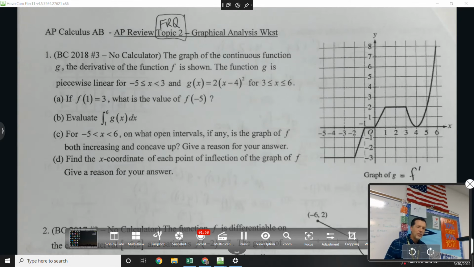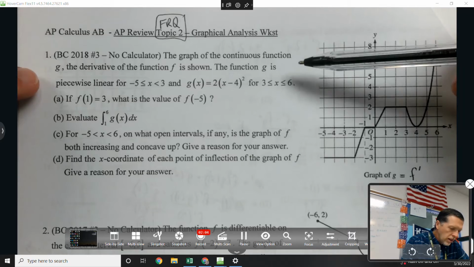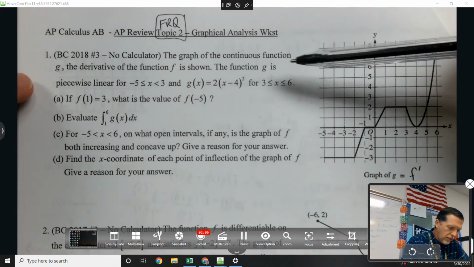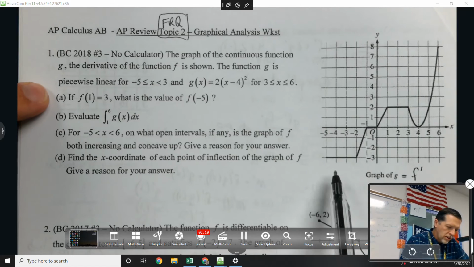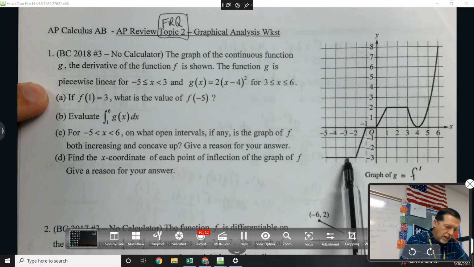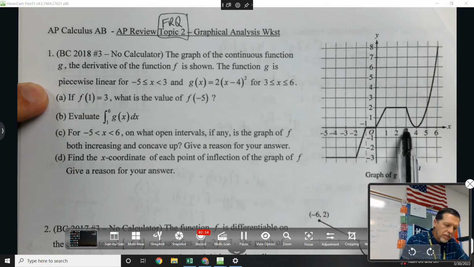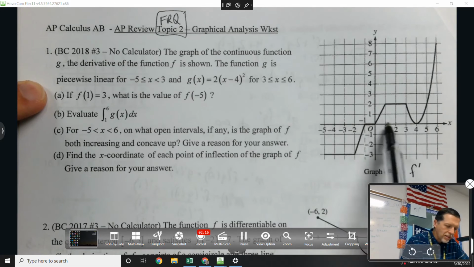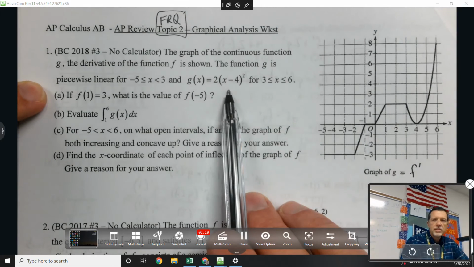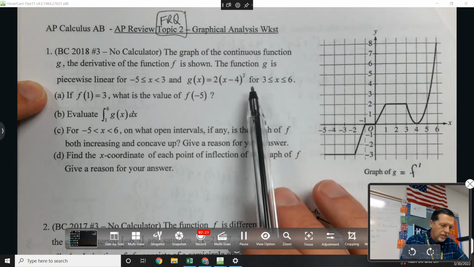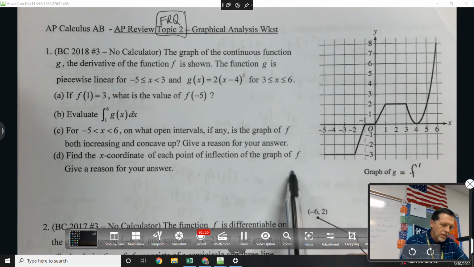That's the graph of g, but g is f prime. The graph of g is piecewise linear from -5 to 3, all lines. Okay, that makes sense. And then from 3 to 6, it's that parabola. Okay, I think I got the setup now.